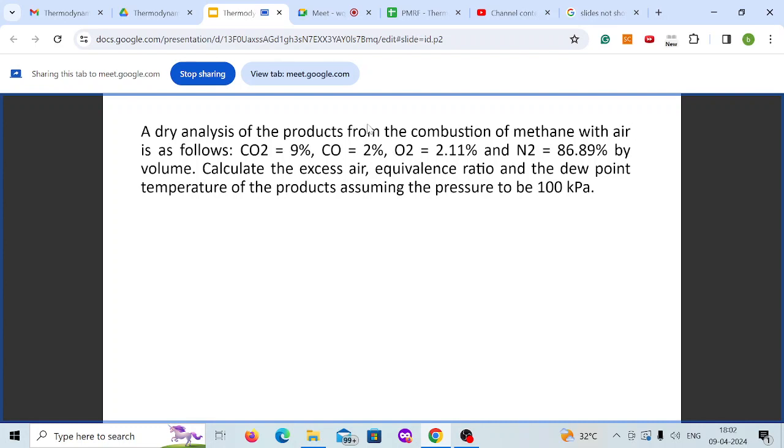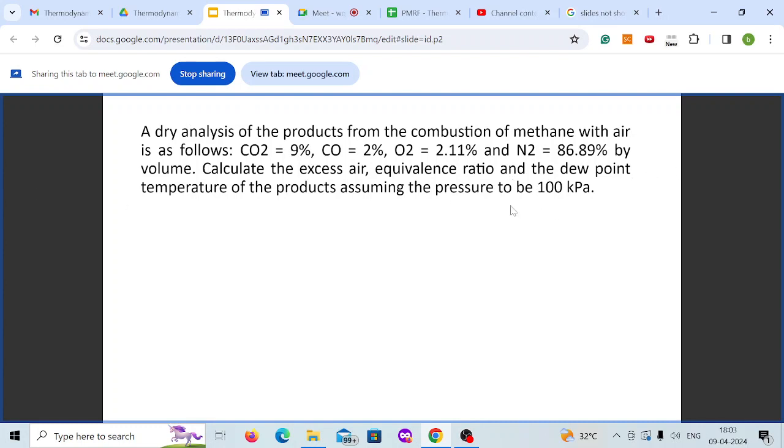So if you see, we know the reactants, and they have also given the products. The reactants are methane and air, which are reacting together. The products are given as a dry analysis, so there is no water listed. There will be water also forming, because methane is CH4, so you have hydrogen and oxygen, so there can be formation of water.